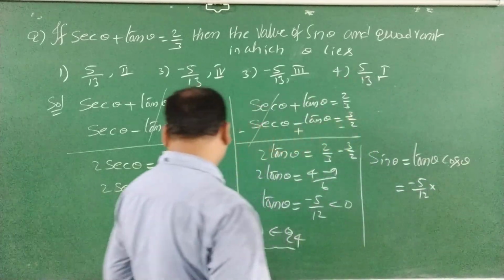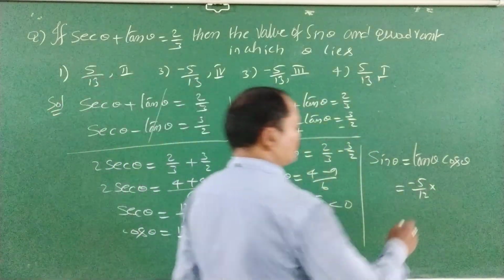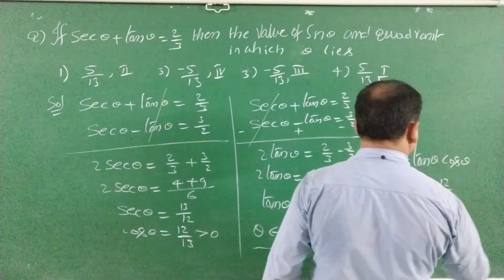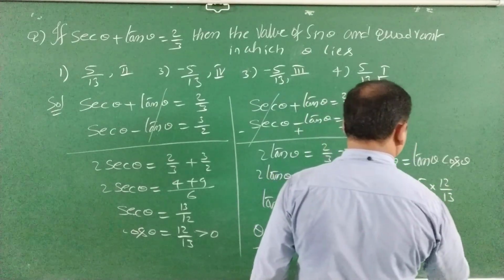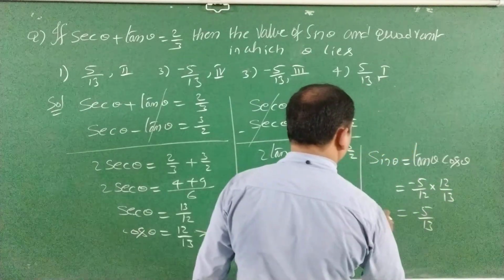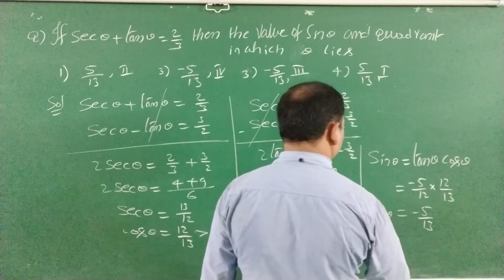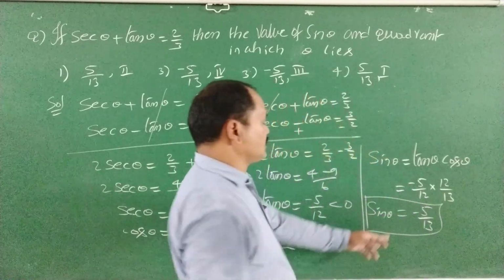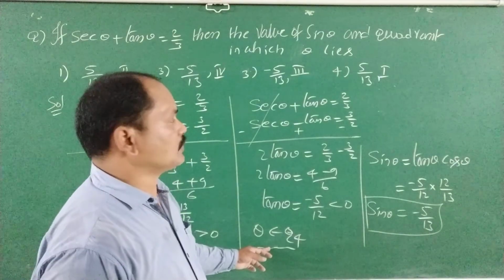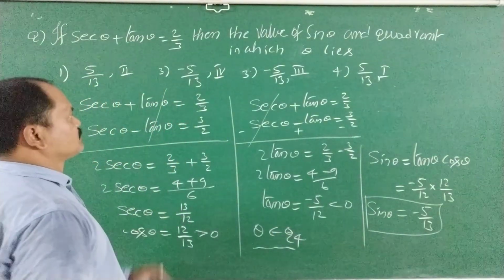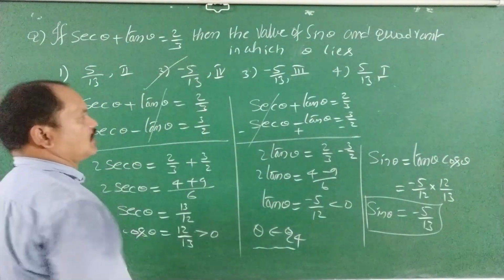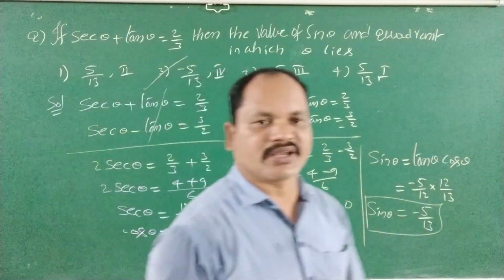The value of cos theta is 12 by 13. That's why 12 gets cancelled. It is minus 5 by 13. So sin theta is equal to minus 5 by 13, which lies in Q4. That's why minus 5 by 13 in the fourth quadrant is the third option. That is the right answer. Okay, that's all.